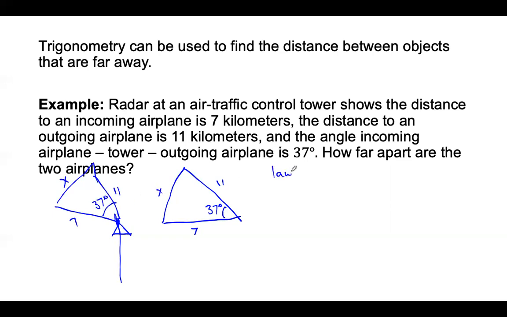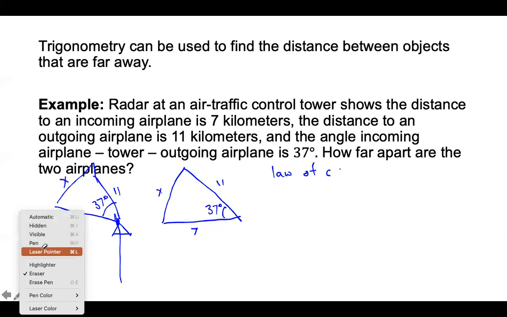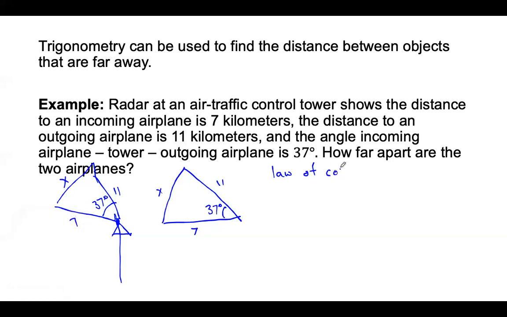So law of cosines. x squared is equal to 7 squared plus 11 squared minus 2 times 7 times 11 times the cos of 37 degrees. We can solve for this.